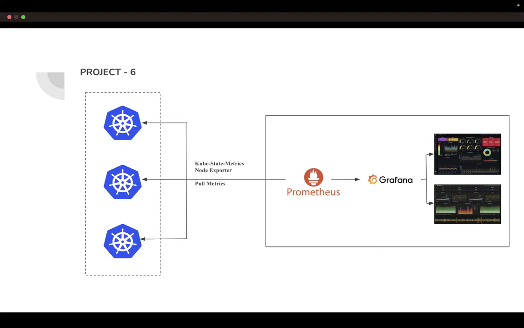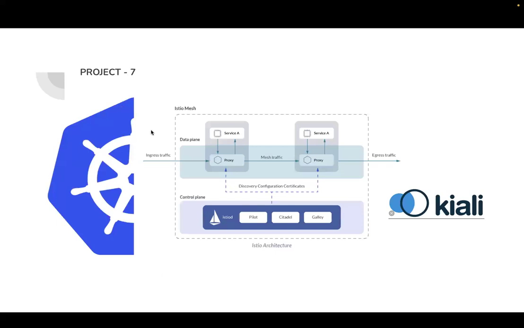How many outgoing requests and responses are going out from our pod, so from our applications? Such kind of metrics we can see as part of this Grafana dashboard actually. So this is one of the real-time projects I am including as part of this next batch that is starting from tomorrow.